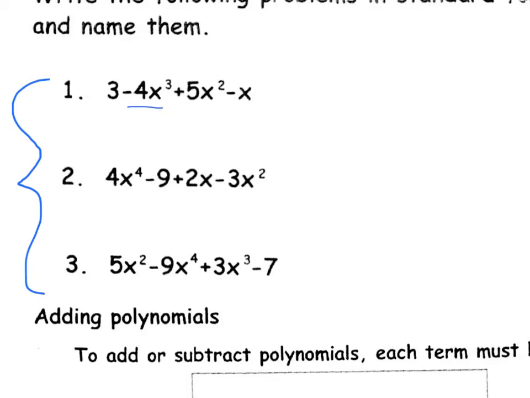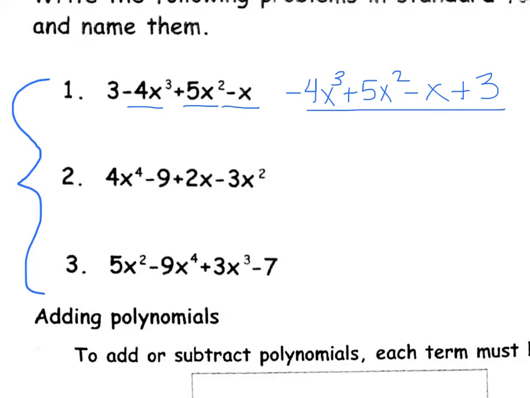So it's going to be negative 4x cubed, then plus 5x squared, then the x to the 1 minus x, and then finally the constant always goes last.